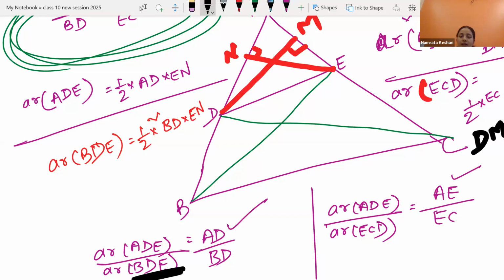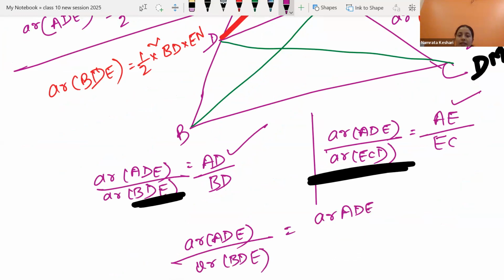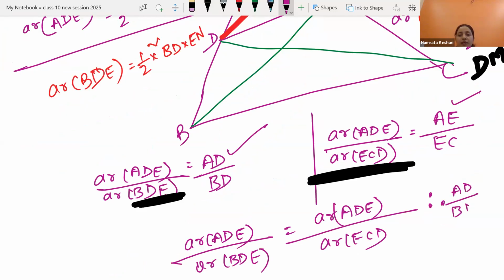Because the triangles lie between two parallel lines. So area of ADE by area of BDE is the same as area of ADE by area of ECD. Therefore, AD by BD is equal to AE by EC. Is it clear? Yes, ma'am.